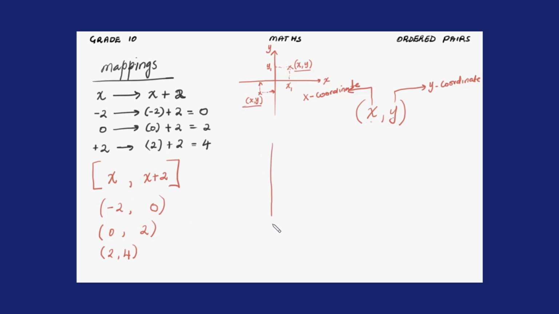Let's just sketch it. Okay? Where we have negative 2 here, comma 0. Then 0, comma 2 would be somewhere here. And then 2, comma 4 would be somewhere up here. Okay? Then we can just draw a straight line through these points.